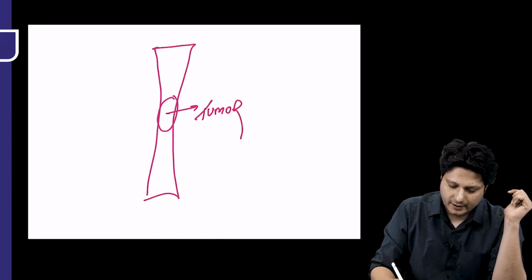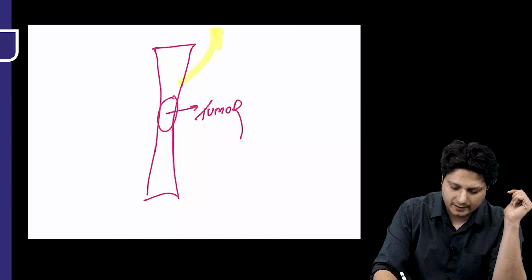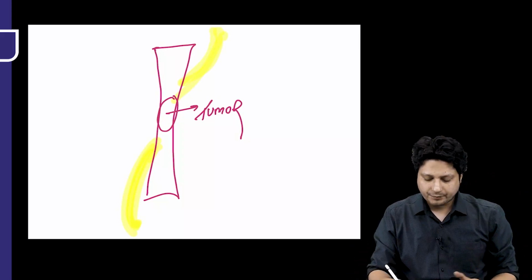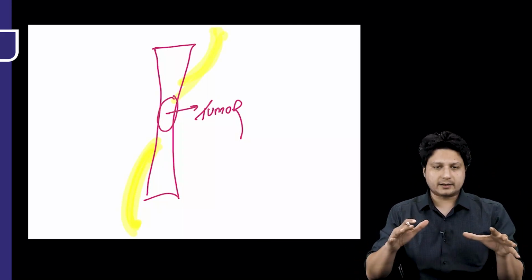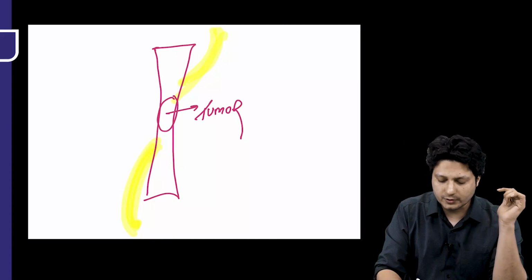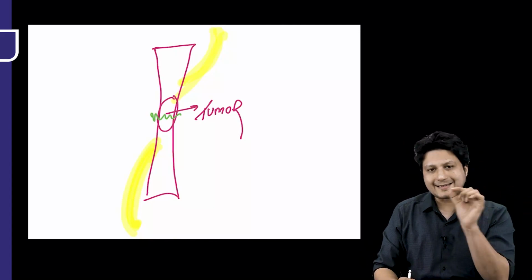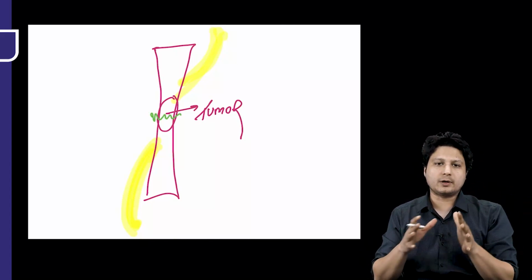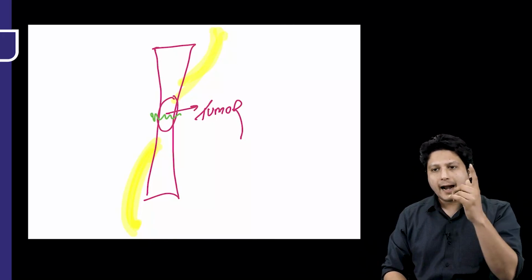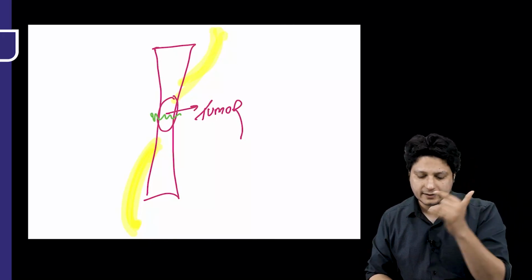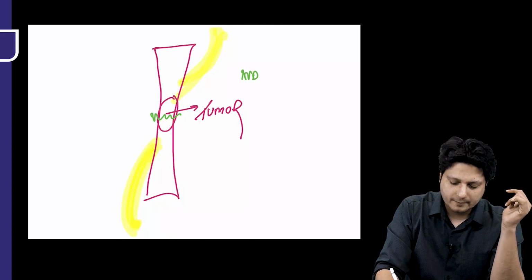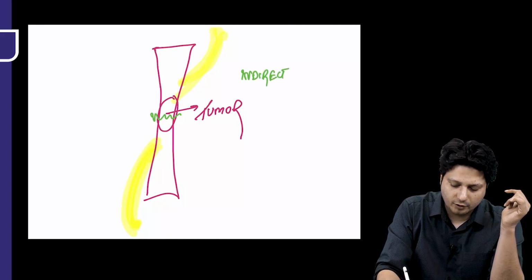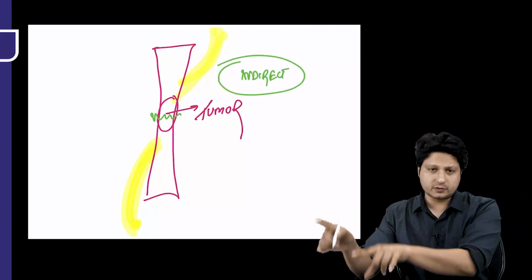And if there is a muscle attached to the proximal aspect and a muscle attached to the distal aspect, and for any reason these two muscles contract, are they not going to produce a fracture at the weakest section of the bone? Yes, they are likely to create a fracture at the weakest section. And if this fracture is happening, it is happening because of indirect force, and this indirect force is responsible for causing transverse fracture.